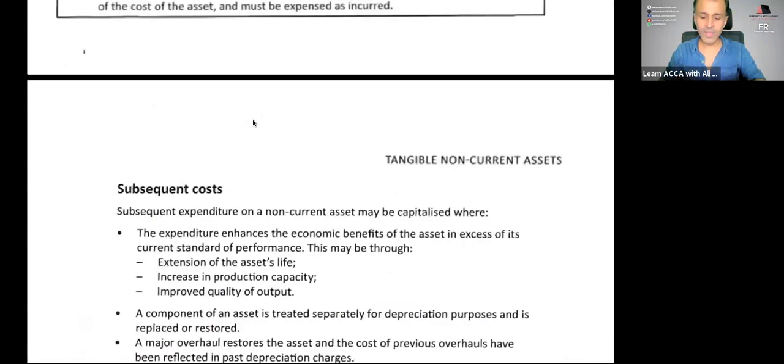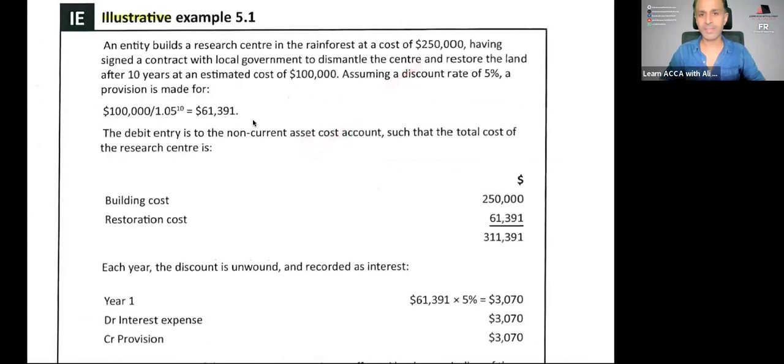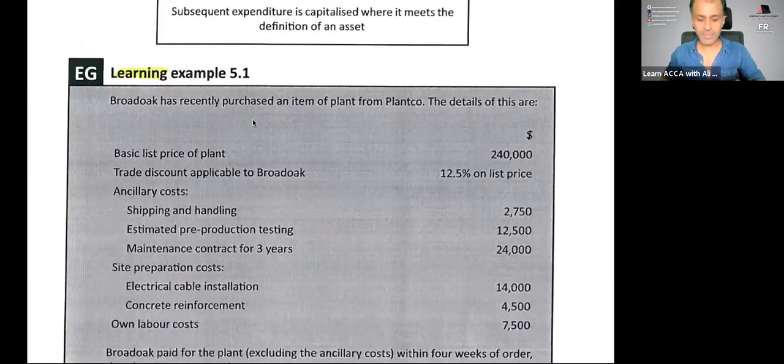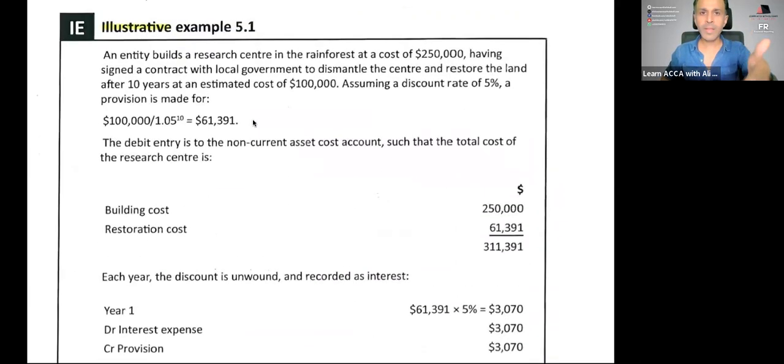This one is white, transparent, with no background color, whereas the learning example is the one in gray color. Colored one is learning example, and simple one is illustrative example. That's going to give you an immediate clue of which example you are on.